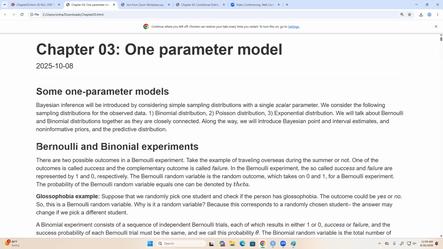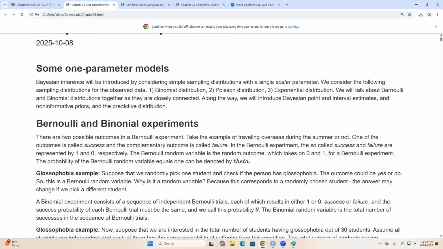So we'll start with the Bernoulli and binomial experiments. These two are so closely connected, Bernoulli and binomial. There are two possible outcomes in a Bernoulli experiment. One outcome we call success.